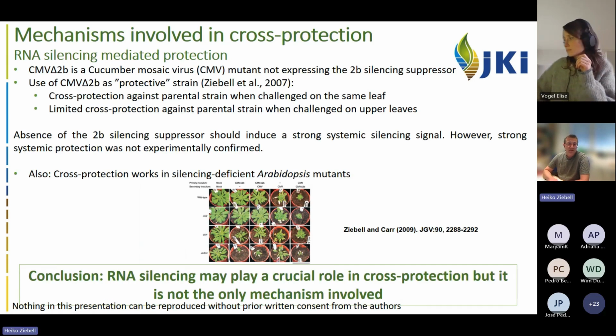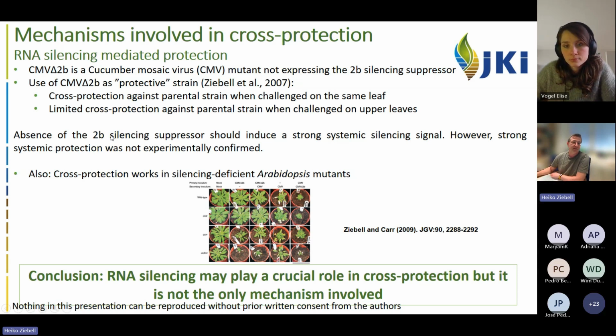And when I started working on plant viruses, we thought, wow, this is a cool idea. Let's take a cucumber mosaic virus mutant, which cannot express a silencing suppressor that would compromise the plant immune system. And this mutant that cannot express the silencing suppressor will be a good inducer of RNA silencing.